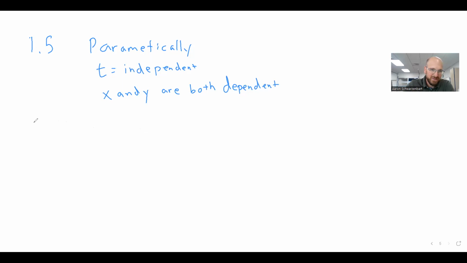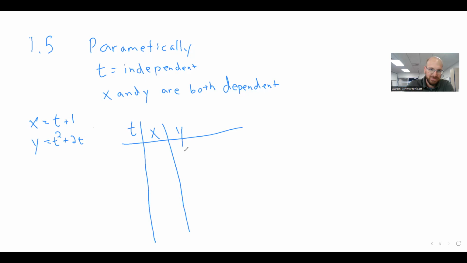So here's an example of parametric equations. X equals t plus 1, y equals t squared plus 2t. So instead of an xy table, I'm going to make a txy table. And I'm going to apply the following t's. Usually you want to put t-bounds on here.